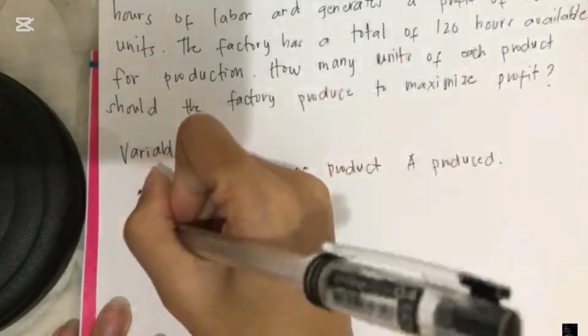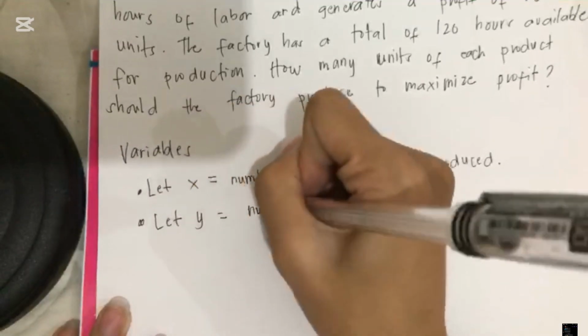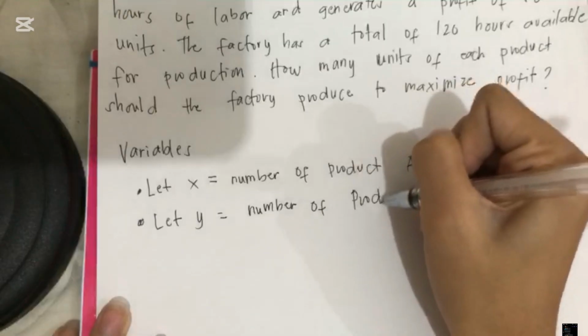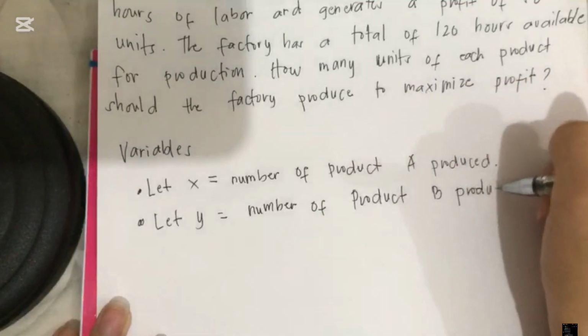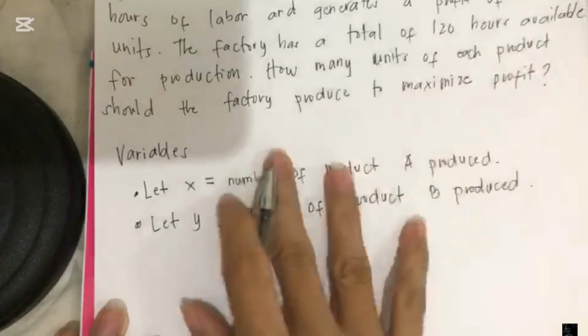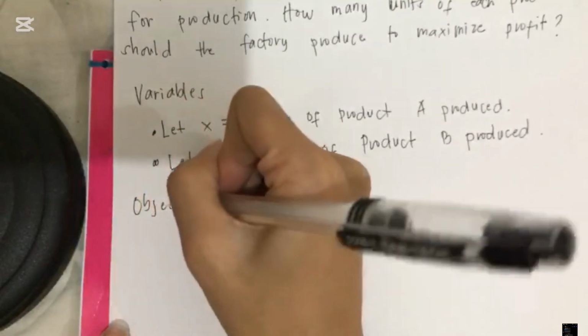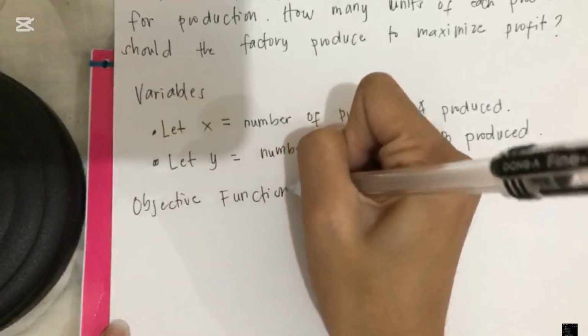Next, we need to consider the constraints. The main constraint here is labor hours. Since each unit of product A requires 2 hours and each unit of product B requires 3 hours, we can express these constraints as 2x plus 3y less than or equal to 120.